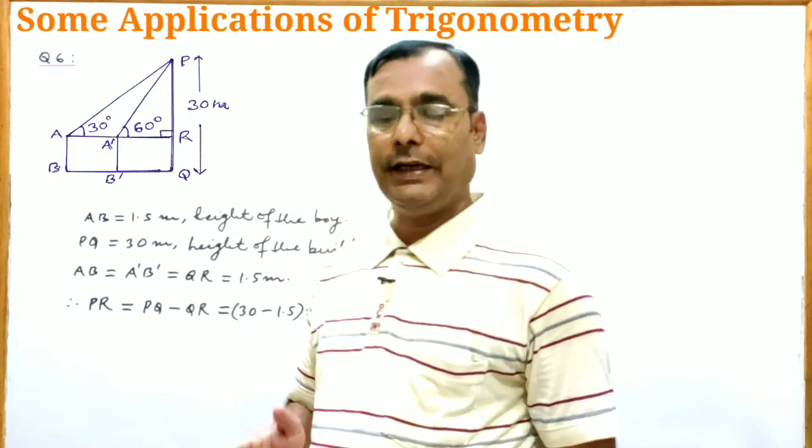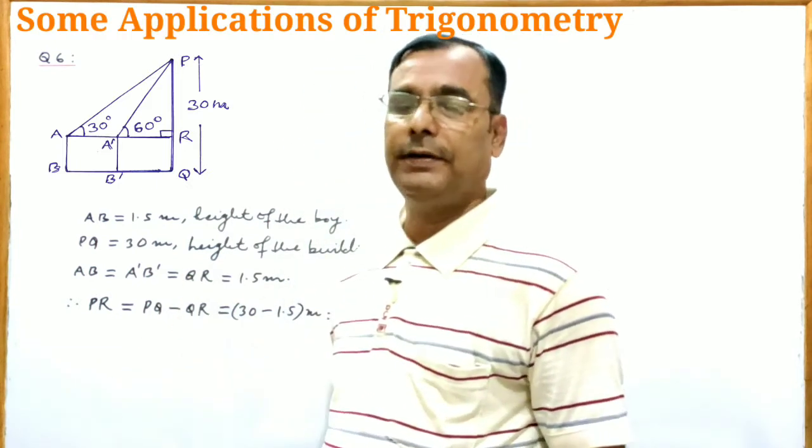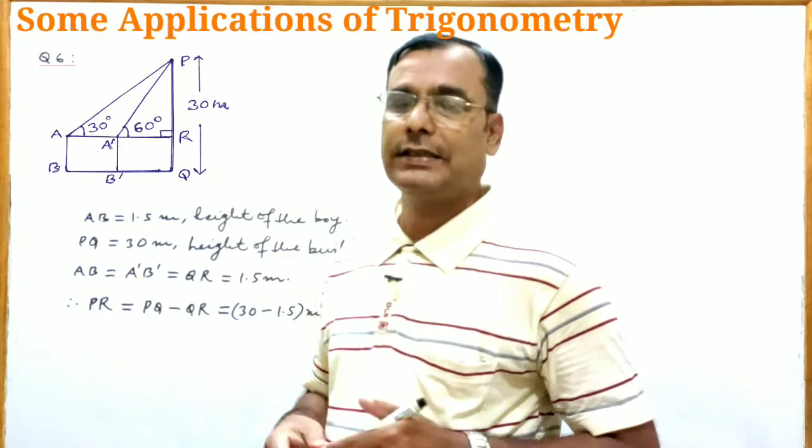At eye point A, the angle of elevation of the top of the building is 30 degree, and at eye point A dash, after walking some distance towards the building, the angle of elevation of the top of the building is 60 degrees.